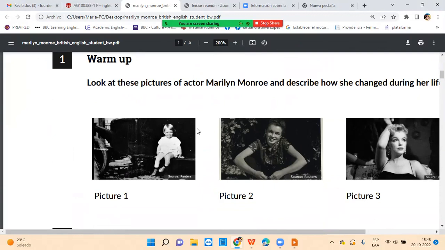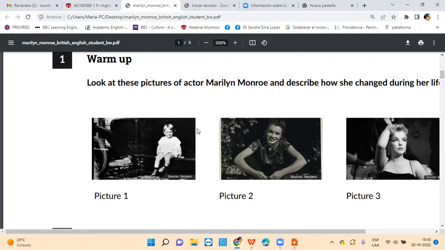She was an actress and a singer too, right? And where was she from? USA, right. And why did she become so famous?